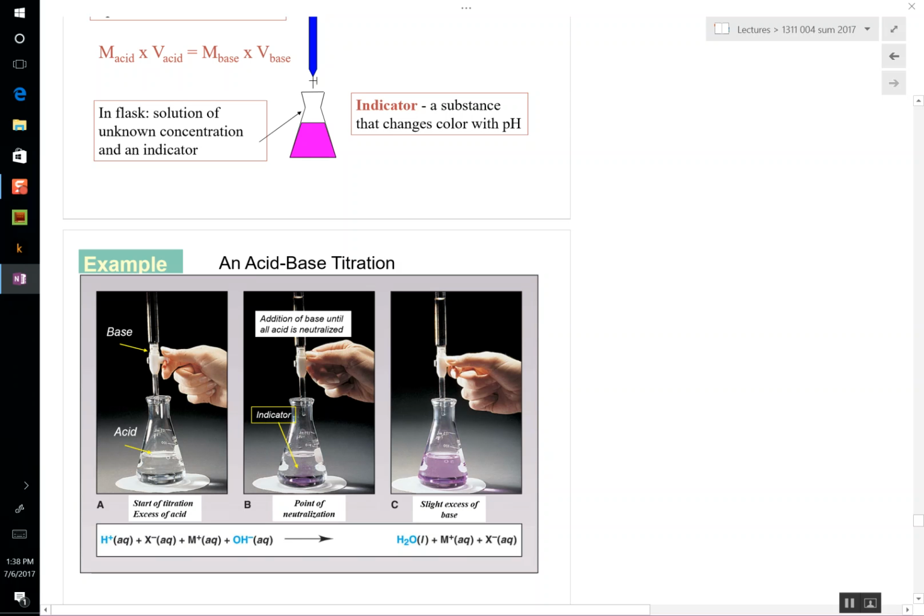So we're saying assume that this is your unknown. You want to know the molarity of your sulfuric acid. And the volume of your sulfuric acid is 15 milliliters. The molarity of your base is given, and the volume of your base is given.